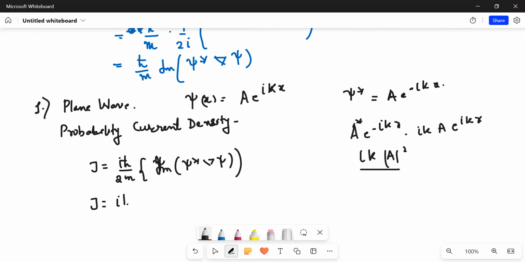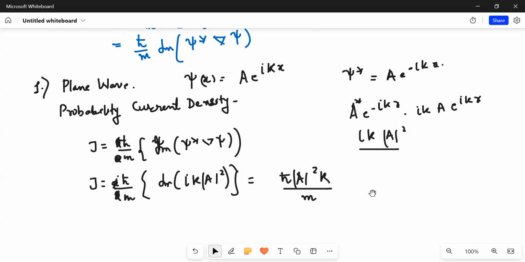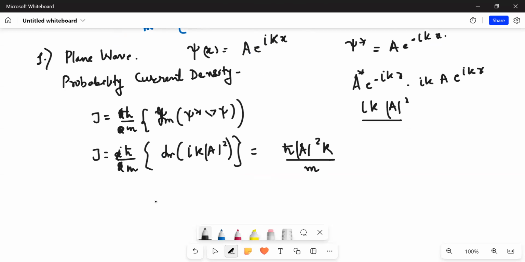So instead of this, I'll write J is equal to, sorry, not iħ; here it will be ħ upon m only. So ħ upon m times the imaginary part of ik modulus of A squared, which is equal to ħ k upon m times modulus of A squared.